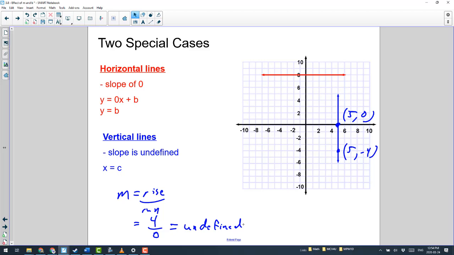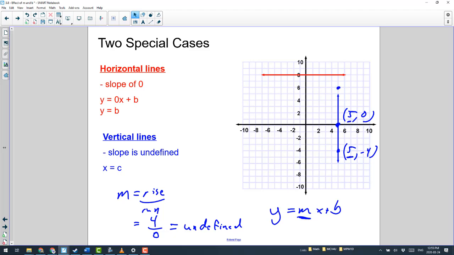So if we have an undefined slope, what does that mean? Well, it means I can't really plug that into the equation. My equation of the line, y equals mx plus b, I have nothing to plug in for m. I can't write in undefined. So let's go back and look at some of the coordinates again. We can see the x-coordinate here is 5. The x-coordinate here is 5.